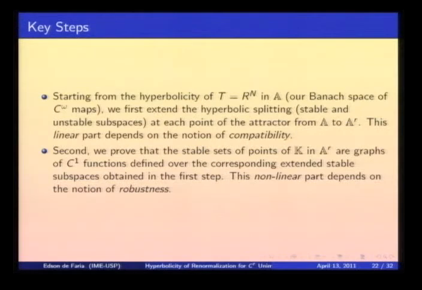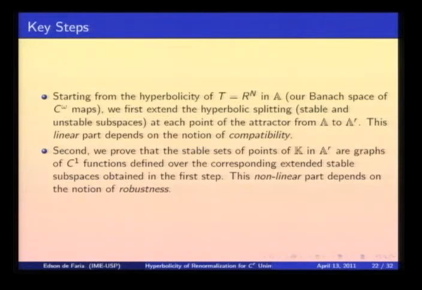So first you have the hyperbolic splitting in the Banach space that we got from Liouville space, and you want to extend it to a larger space. So first you extend the splitting, okay? So you have nice candidates for the tangent space to the stable manifolds now.